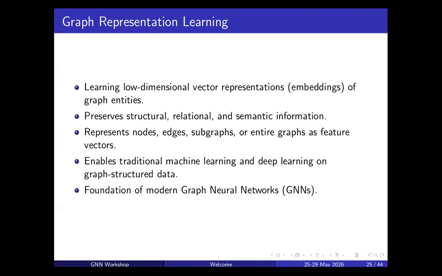Graph entities in the sense, it can be edge level, it can be node level, or even it can be graph level, with the condition that this learned representation should preserve structural, relational, and semantic information of the graph.